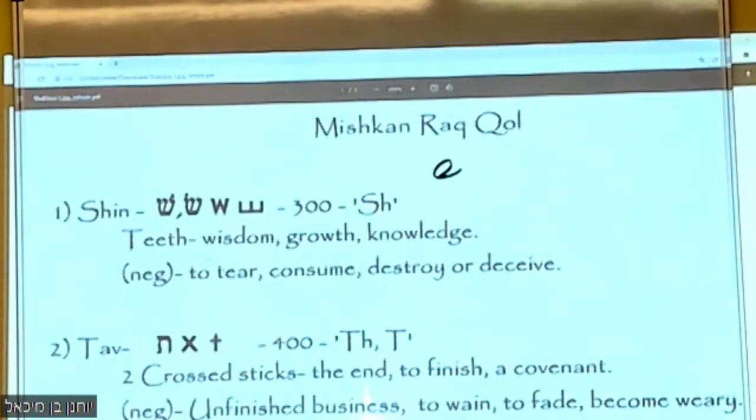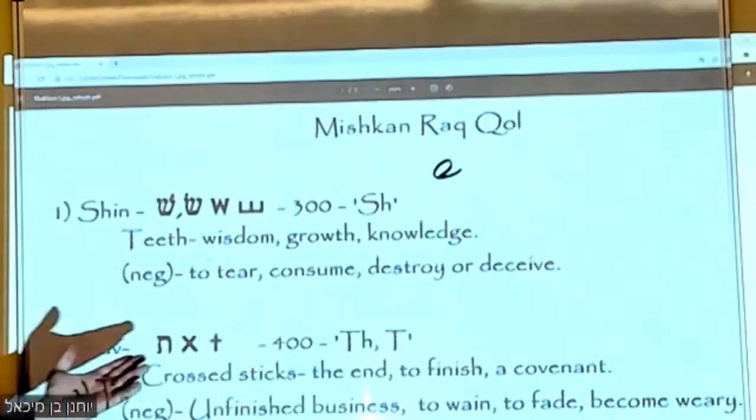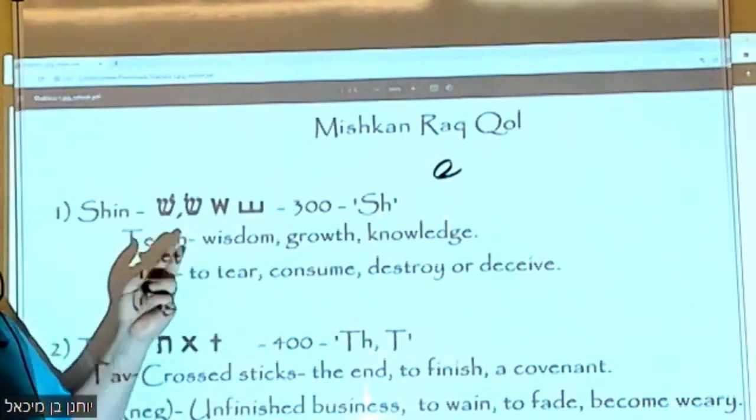And another thing about this too, the word for a snake and the word for a sorcerer or a magician is almost the exact same word, because the snake hisses and the magician whispers his secret magic words. And he deceives people, the same way that the snake did. So that's why you have these pictures here.